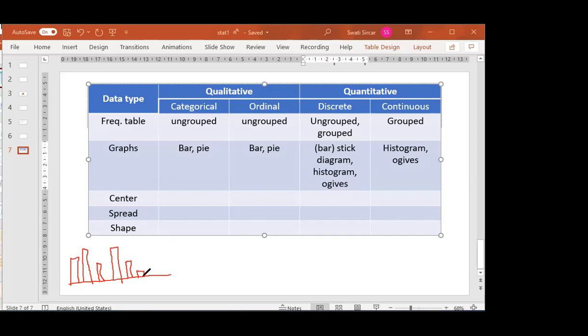Right? Something like this. Now, in case of categorical data, these bars can be interchanged. There is no fixed order, so you can put them in any order you want.